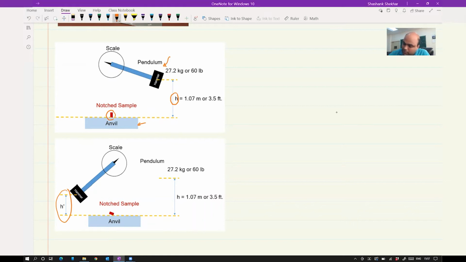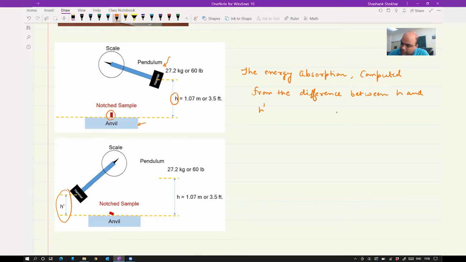Okay, so we can write the energy absorption computed from the difference between h and h dash.